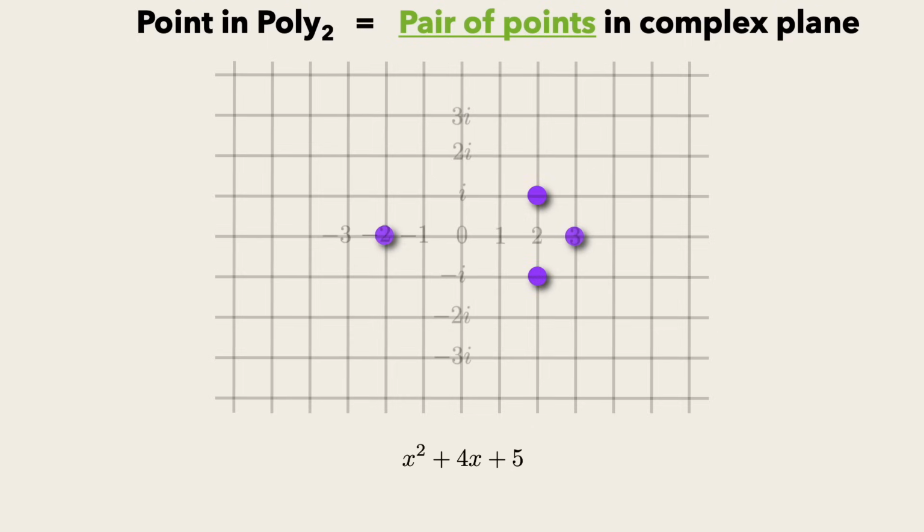And this one has roots 2 plus i and 2 minus i. We can also just start using complex numbers themselves as coefficients in our polynomials, because why not? Okay? We've decided they're meaningful, so let's do it.